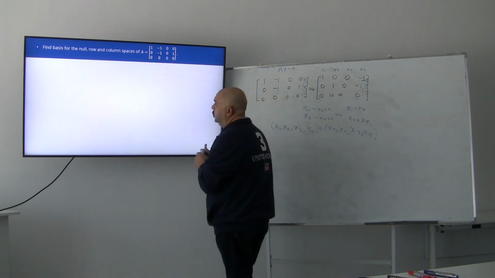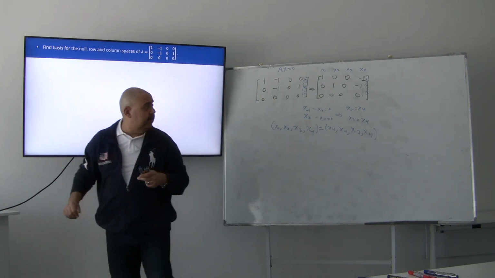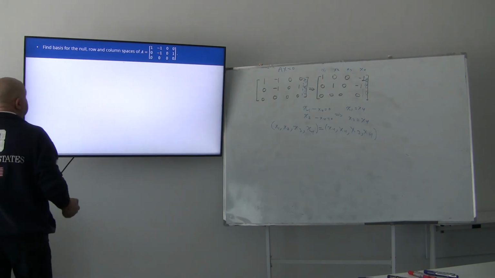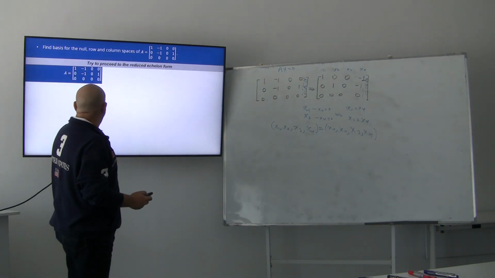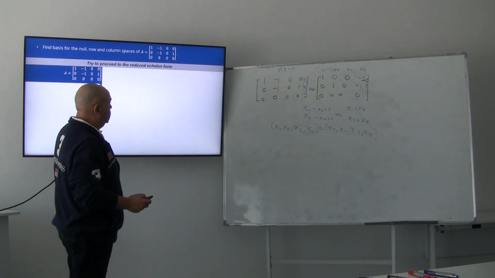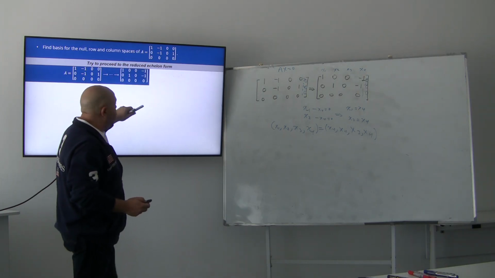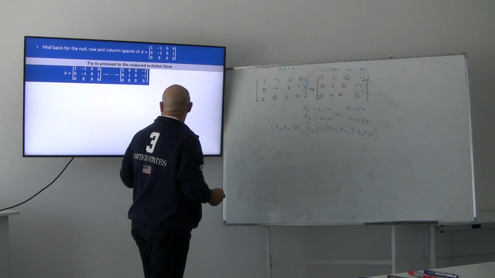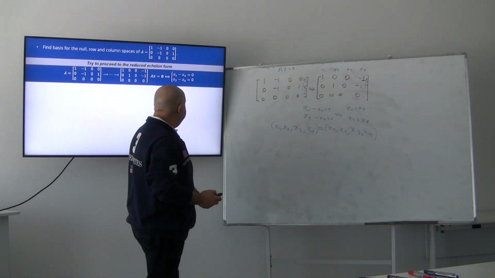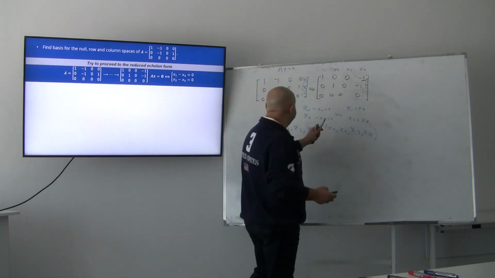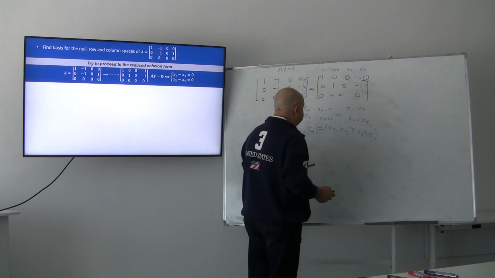Now I can isolate this value. Let me check, maybe I made a mistake or something. Okay, now to proceed, these are the values, exactly right. Okay, multiplying this one by negative 1 and then adding, yes, all set, perfect. So finally we got x1 equal to x4, x2 equal to x4 as I told you.